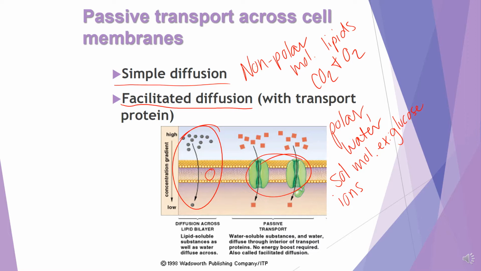Those would both be examples of substances that would need to come through into the cell via facilitated diffusion.